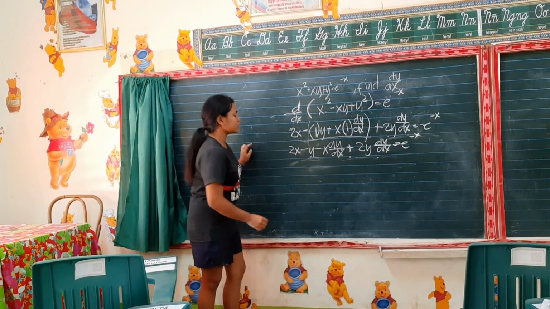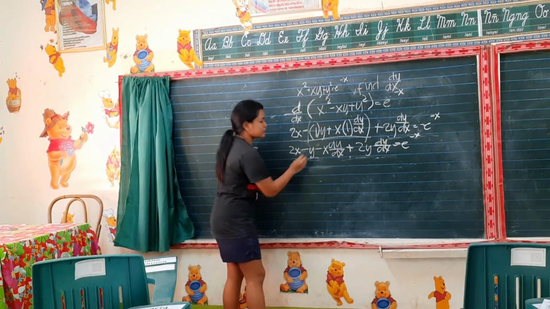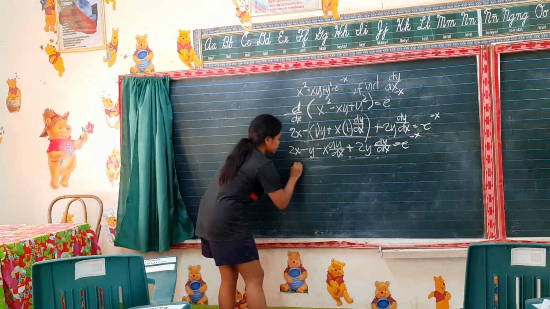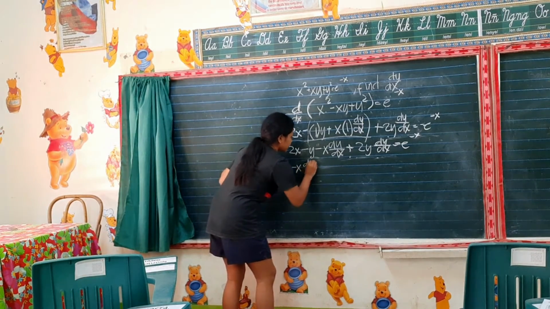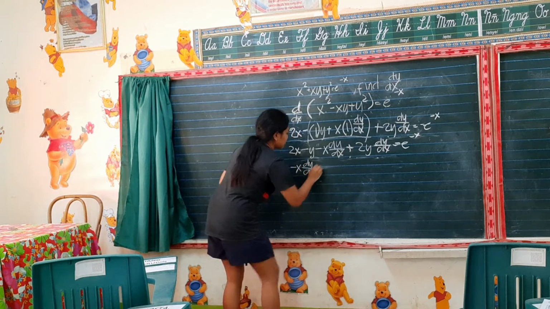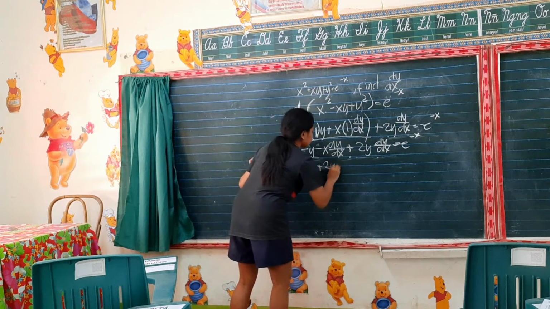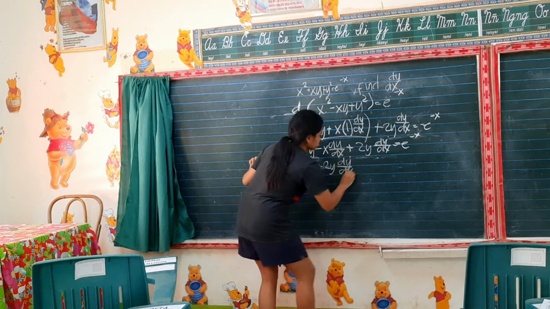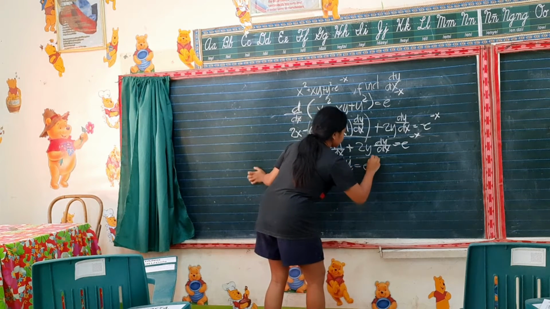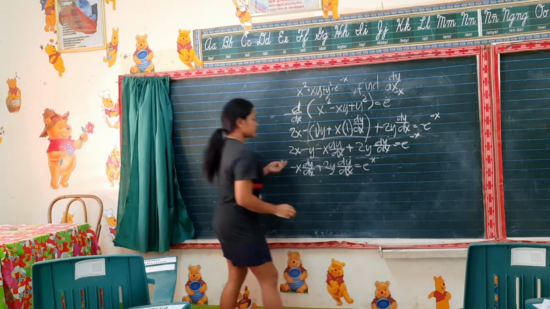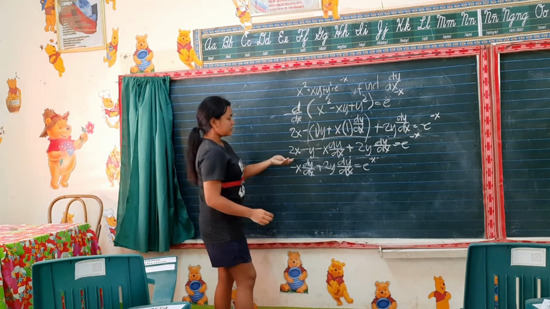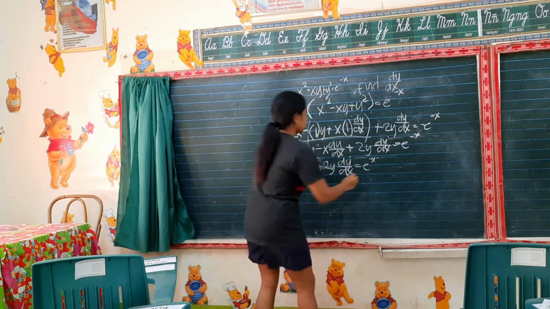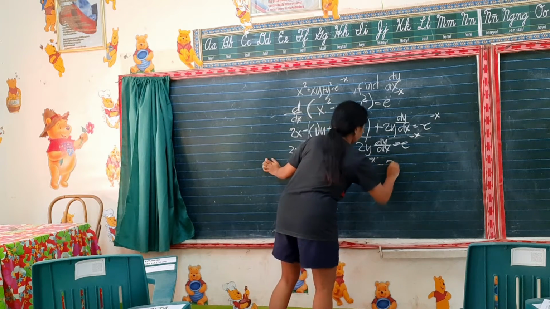So next, we need to transpose those terms without dy over dx. So what remains is negative x dy over dx plus 2y dy over dx is equal to negative e raised to negative x. So we need to change the sign because we transpose it to the other side. Minus 2x.